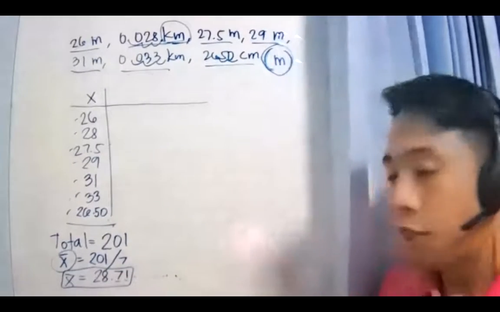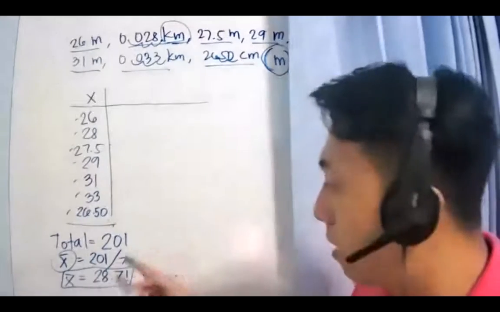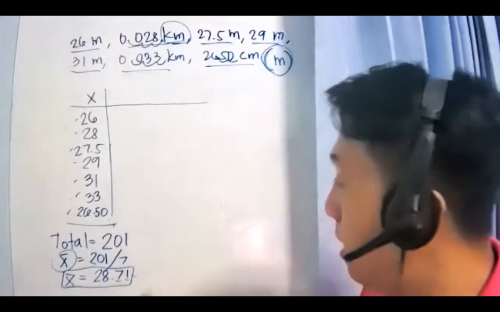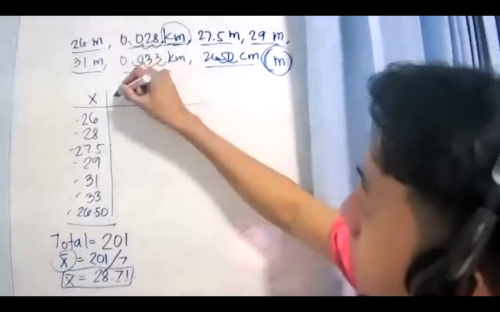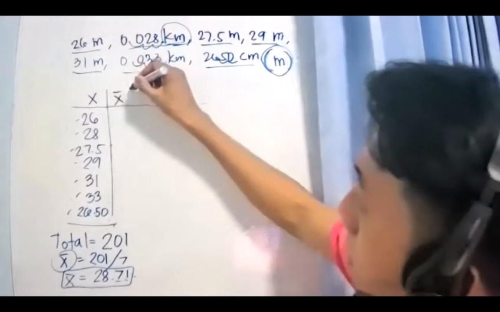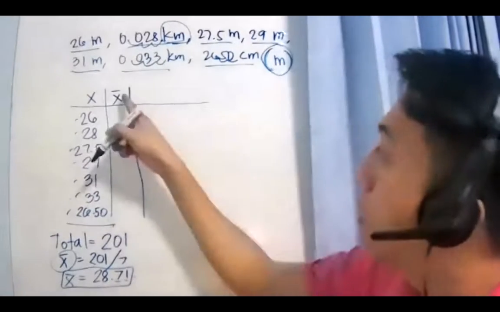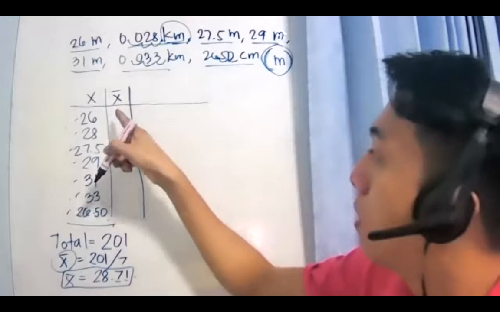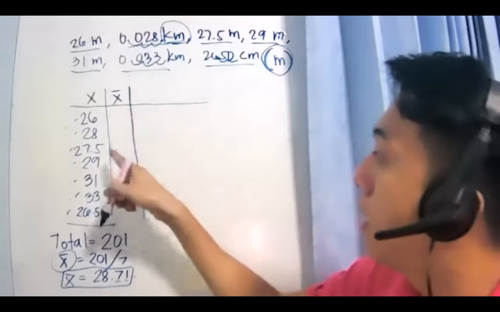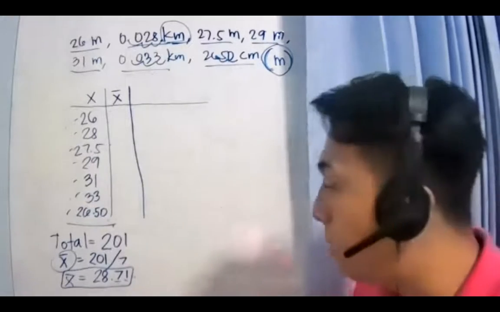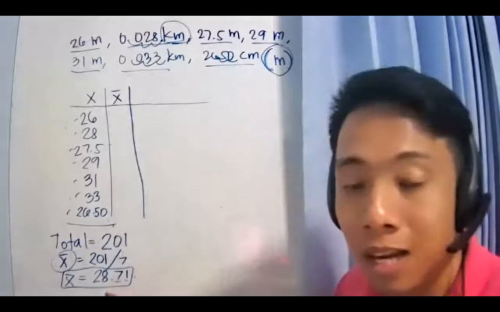Now, third step, after finding the total and the mean, so, andyan na lahat yan, gagawa ako ng isa pang part dito. Okay? Isusulat ko yung mga mean sa bawat number. Okay, ang ating mean is 28.71.